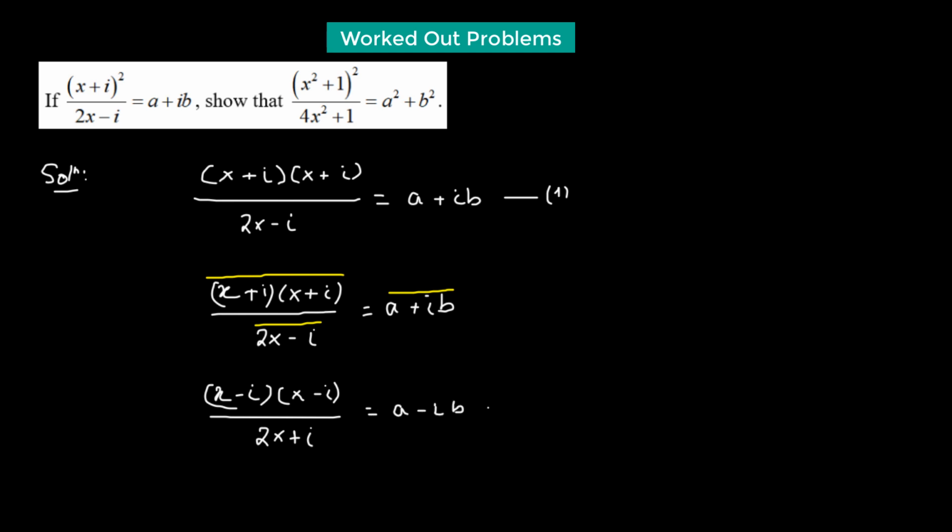So this becomes our equation number 2. Now we're going to take the product of 1 and 2, so let's find the product of 1 and 2.